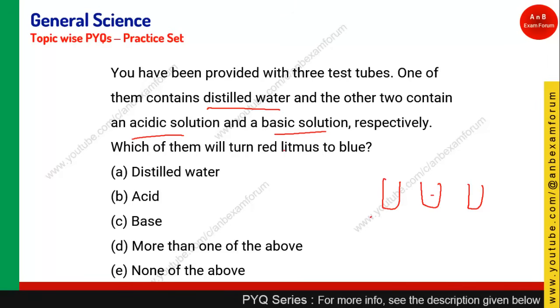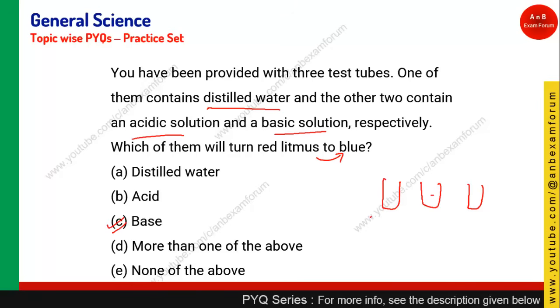Okay, so in our daily life also, we want to check the substance present in a tube, whether it is acidic or basic. So the litmus test, that is the indicator, is used. And we have seen in our theory classes that if the litmus is turning blue, it means it is basic in nature.